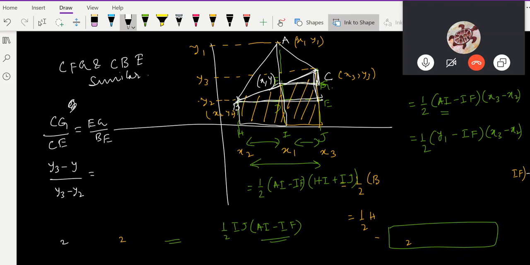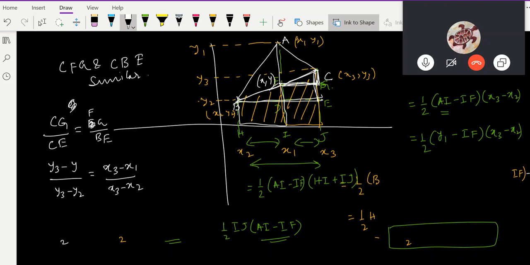Sorry, not EG, I wrote it wrong. This is FG, this distance. What is FG? X3 minus X1. And what is BE? X3 minus X2.